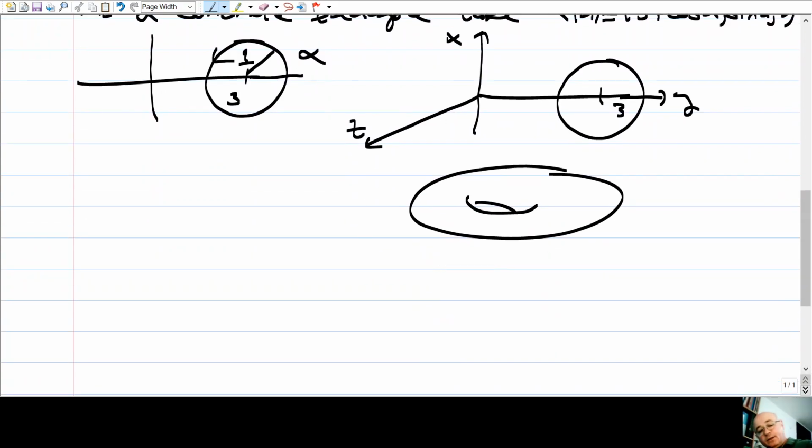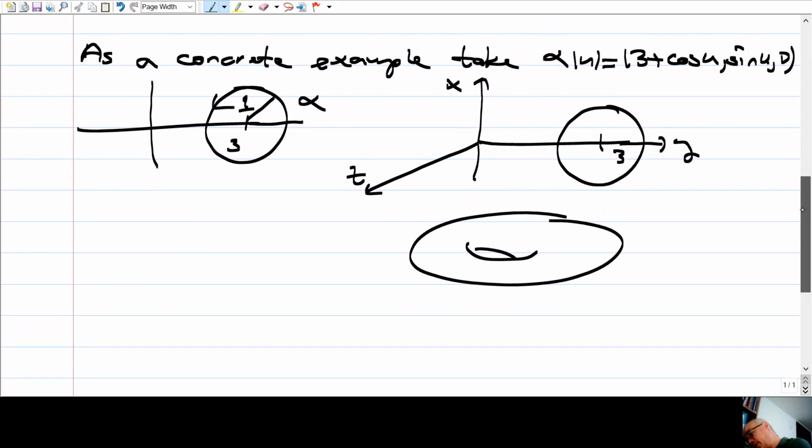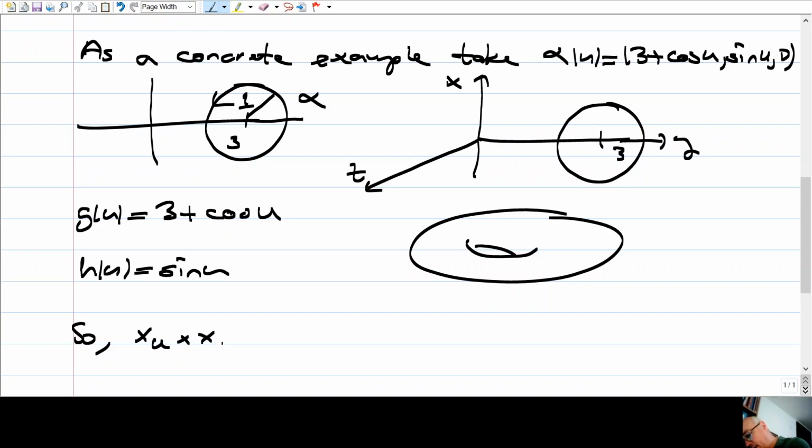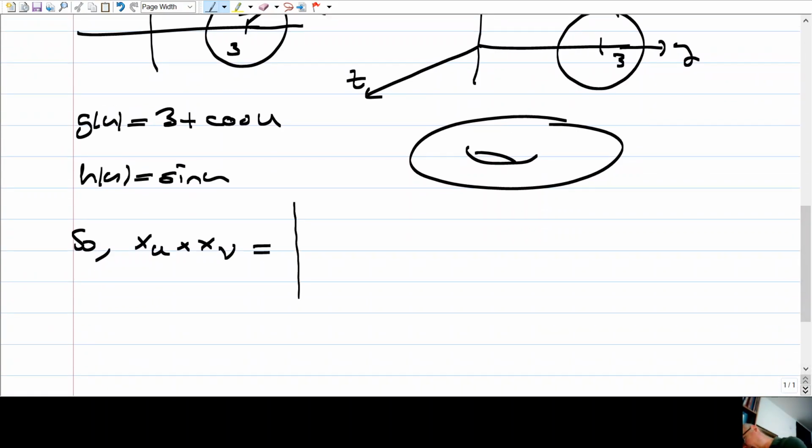All right. Now let's see why this is a surface patch here. Of course, g(u) is just 3 plus cosine u, and h(u) is sine u. So X sub u cross X sub v, the cross product becomes the following.